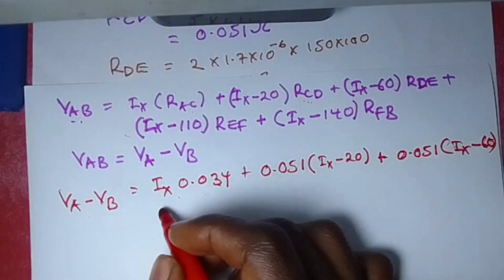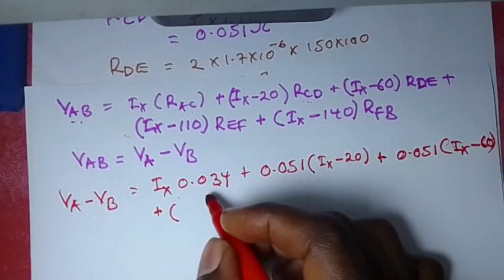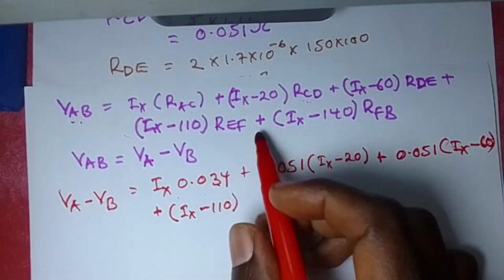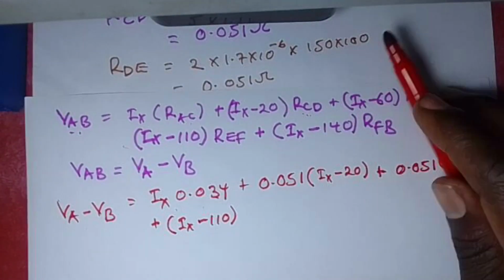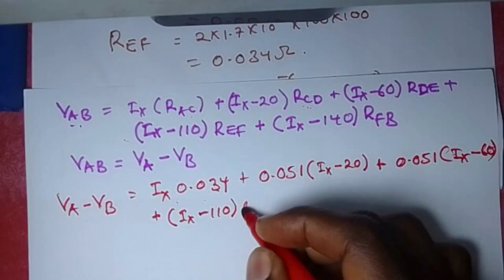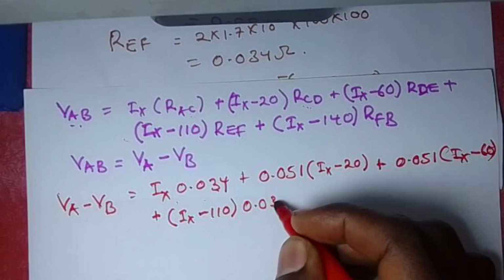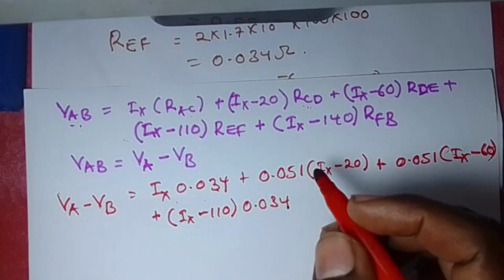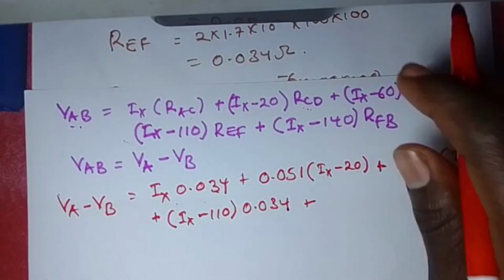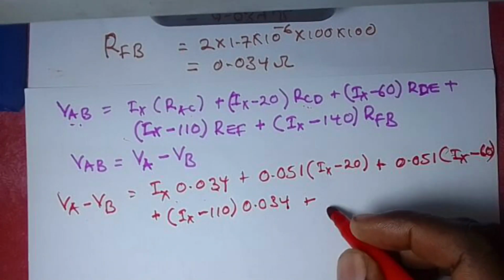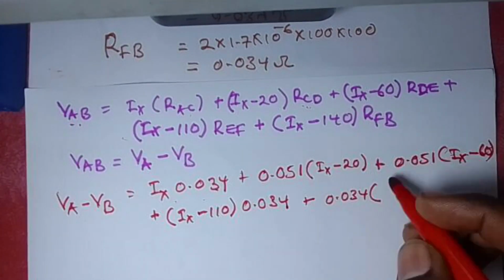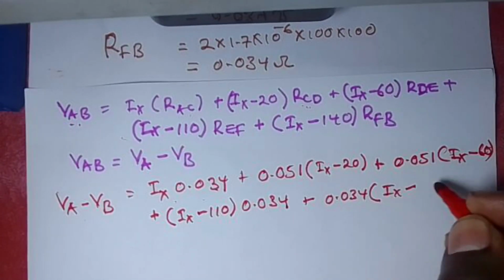So this will be plus also our Ix minus 110, but all multiplied by the value of REF, which we calculated to be 0.034. Then similarly, we can do the same for the last one, which is our RFB value, which is also 0.034 times the value of resistance across that section, which is Ix minus 140.